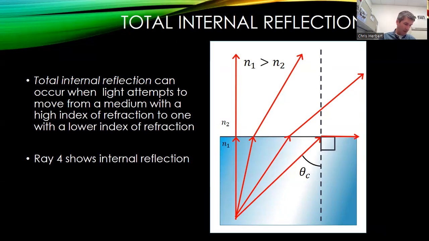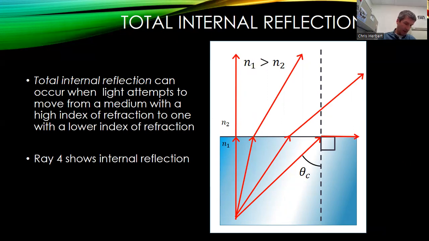And again, I'll draw normal lines just so we can see this a little bit better. Here's a normal line right here. And we can clearly see, here's our angle of incidence, here's our angle of refraction. And the angle of refraction is greater than the angle of incidence. It's Snell's law. N1 in this case is greater than N2. Go to the next ray.